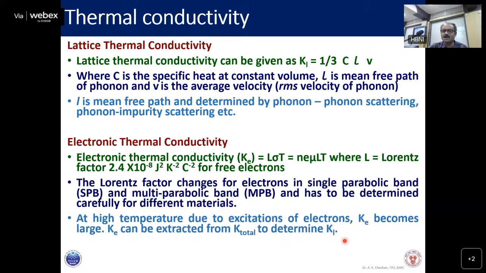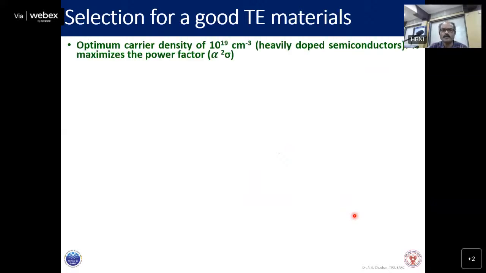Then if you want the lattice thermal conductivity, you simply subtract one from the other, because actually measuring KL is difficult. So that is the way it is done.